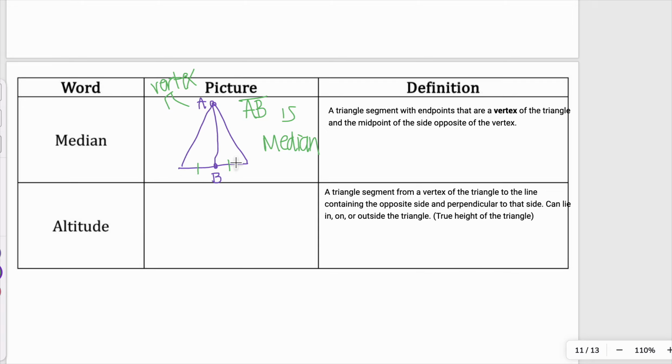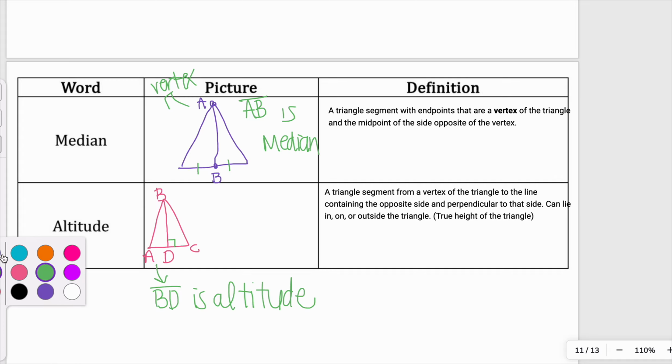Altitude, I'm going to show you two different ways we're going to see altitude. Again, let's start with A, B, C, and then D. Okay. And this one, BD, is the altitude. Okay.